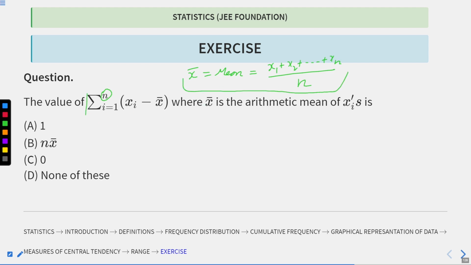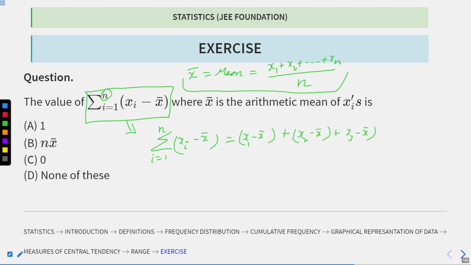Now I have been given this piece of information, so by expanding it into general form, xi minus x bar means x1 minus x bar plus x2 minus x bar plus x3 minus x bar, plus I'm just adding till I reach the n, or the last term of the sum, so xn minus x bar.